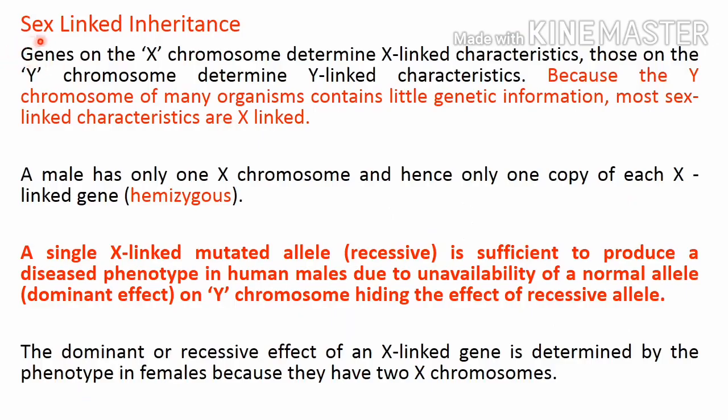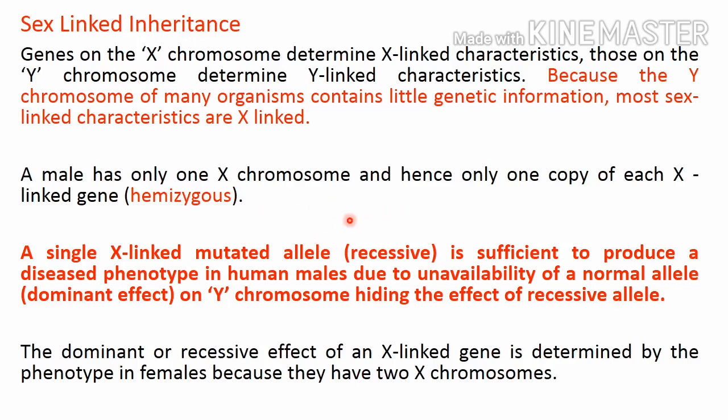Now the case for sex-linked inheritance. As we have already discussed, sex-linked means these types of genes are located on the sex chromosomes, that is, the X and Y chromosomes. In human females there are two X chromosomes, and in males there is only one X chromosome. So in human males there is only one copy of all genes present on the X chromosome, and in that case the human male is known as hemizygous.